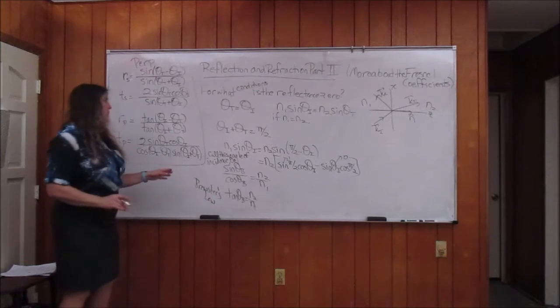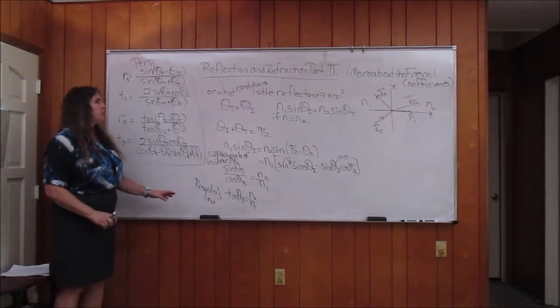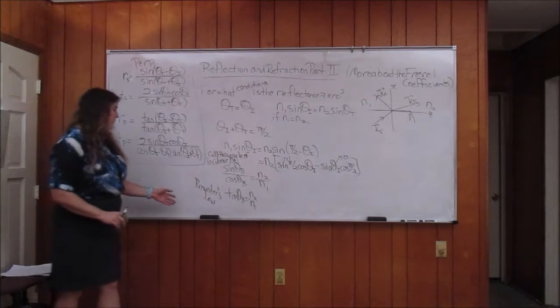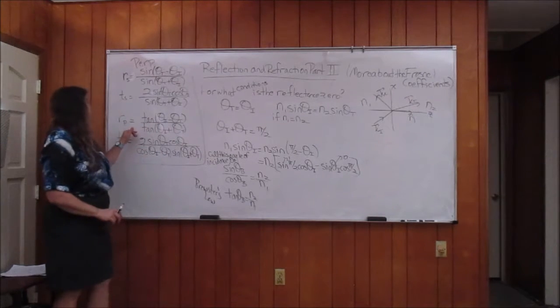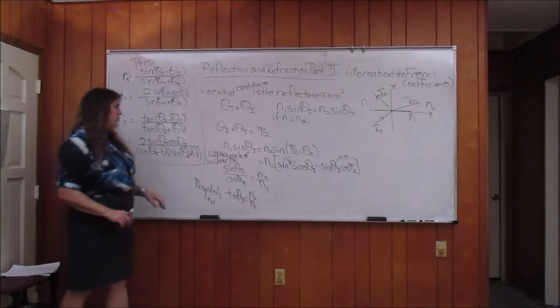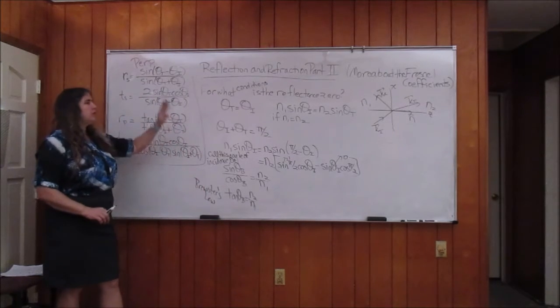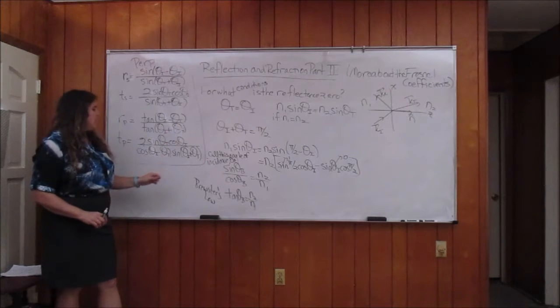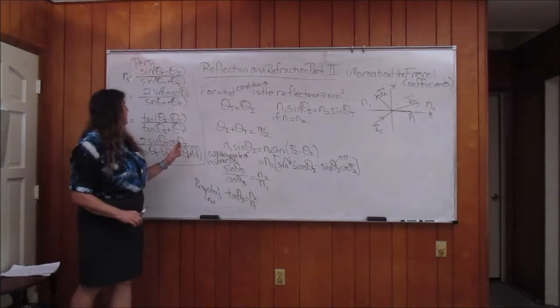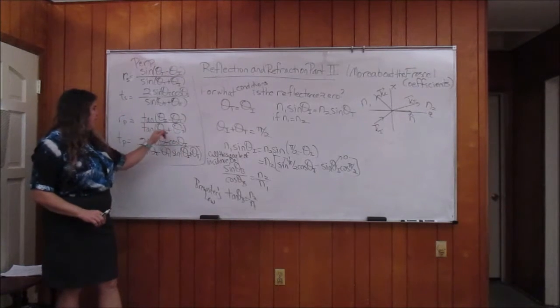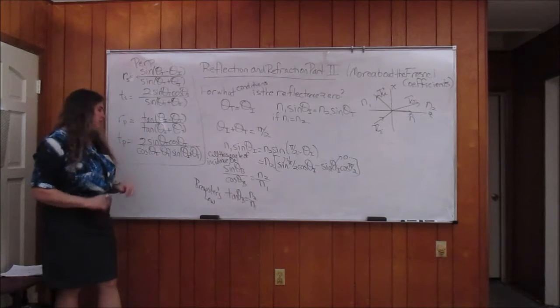And notice, we only have such an angle for which the reflectance is 0 in parallel polarization. It doesn't happen for perpendicular polarization. And I've written these strictly for non-magnetic media. So for non-magnetic media, you will only see reflectance equal to 0 for parallel polarization.